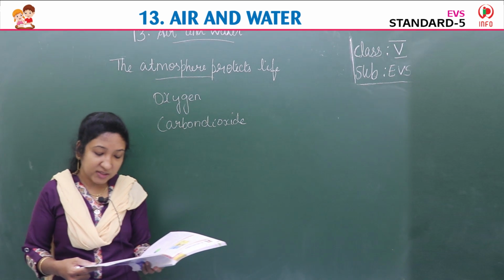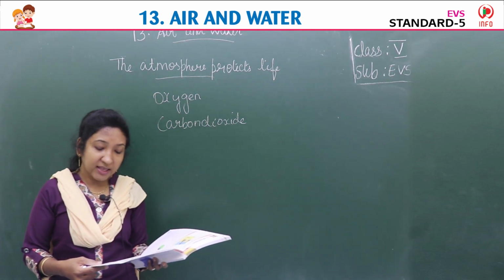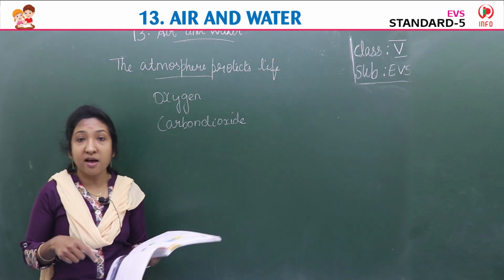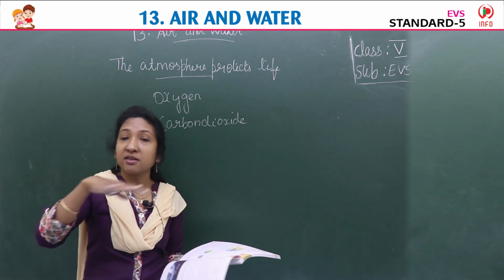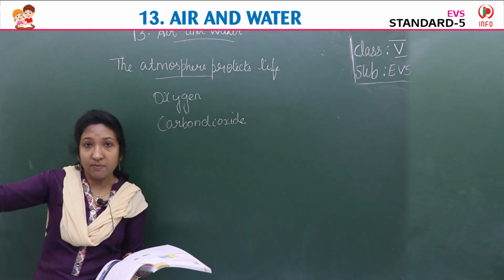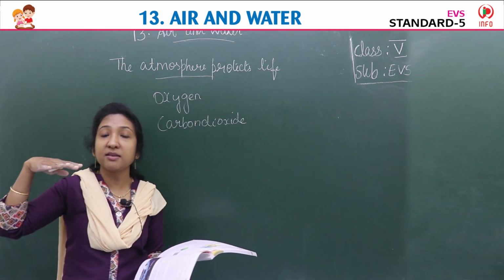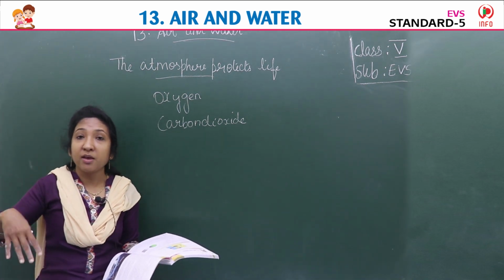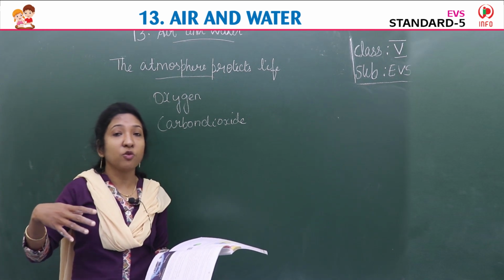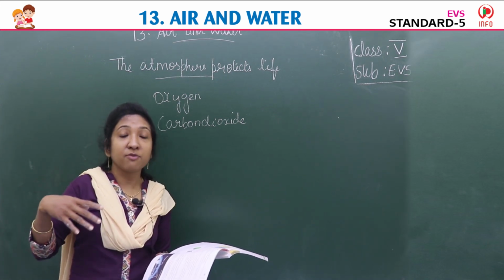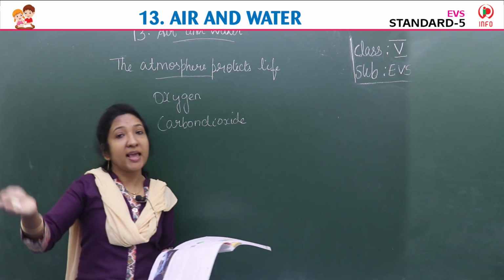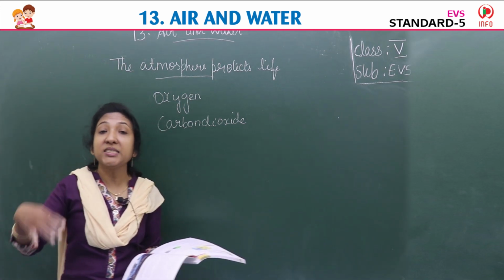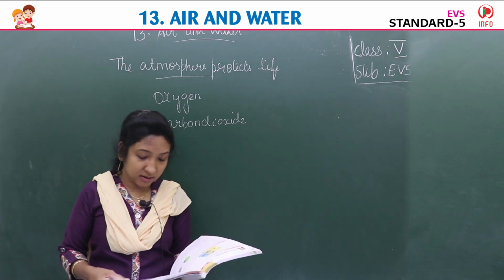At night, it retains the heat and prevents the earth from freezing cold. If it is too cold, it is also difficult for us. So day and night, the atmosphere is maintaining the right temperature on the earth.